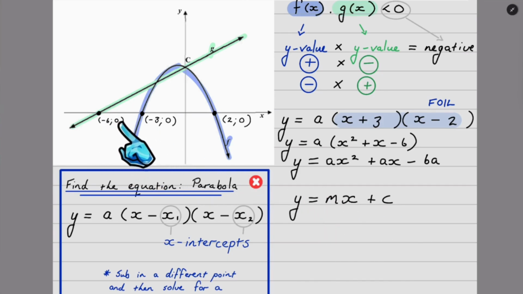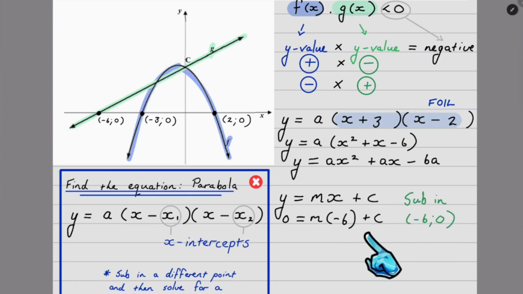The y value is 0, so that will go in y's place, and the x value is -6, so that will go in x's place. After making that replacement, I'm just going to simplify things a little bit. m times minus 6 is minus 6m. And then I'm going to take that minus 6m over to the other side and it becomes positive 6m.